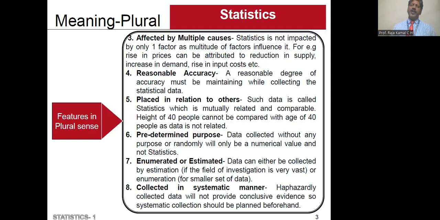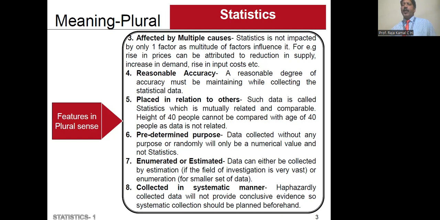Whenever you are applying statistical methods, you are going to use statistics for a predefined purpose. Suppose, for example, I am collecting the data of 10 students about their name and their age. Why am I collecting that? What is the purpose of collecting it? I have a predetermined purpose.